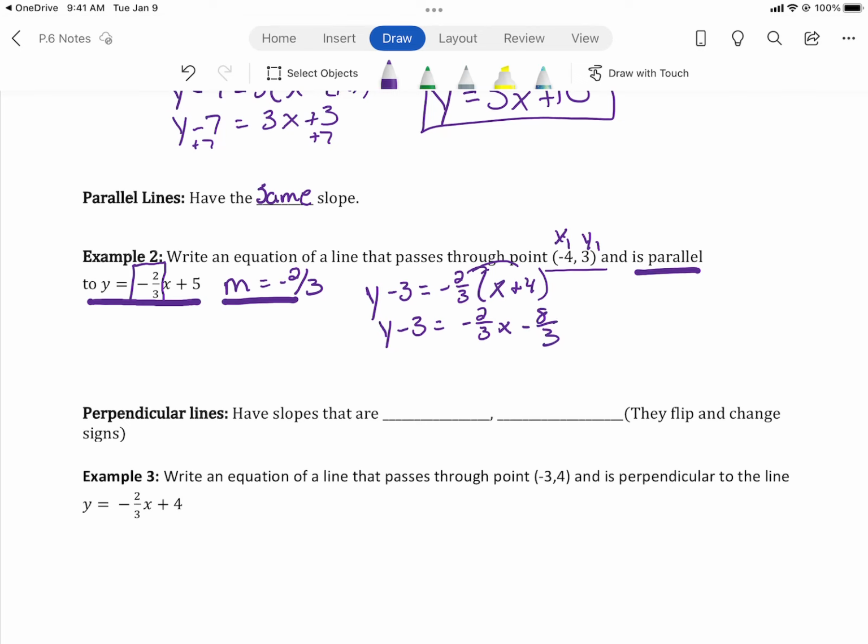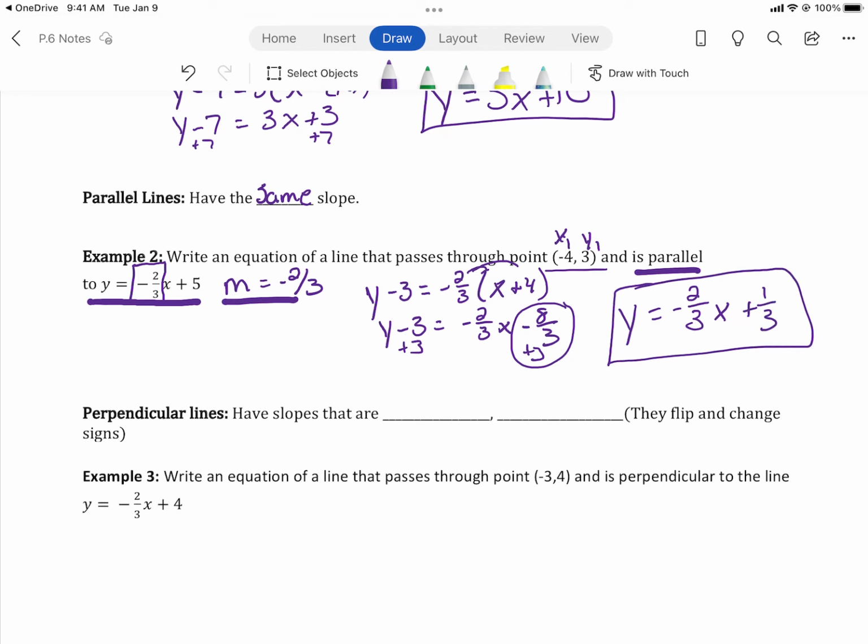Keep it as fractions. Do not make those decimals. They don't work out perfectly. We don't want decimals there. Add our 3. So our final answer over here would be y equals -2/3 x. If I add -8/3 and 3, that gives me a +1/3. Again, leave it as fractions. Decimals I will count wrong, so don't do that.